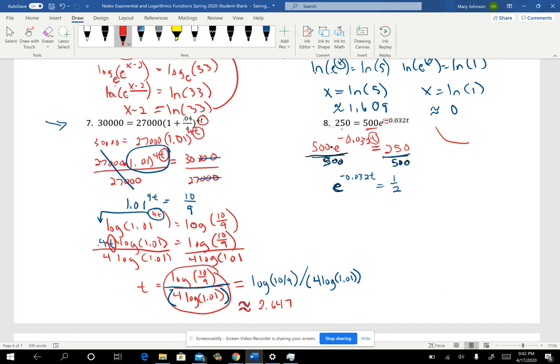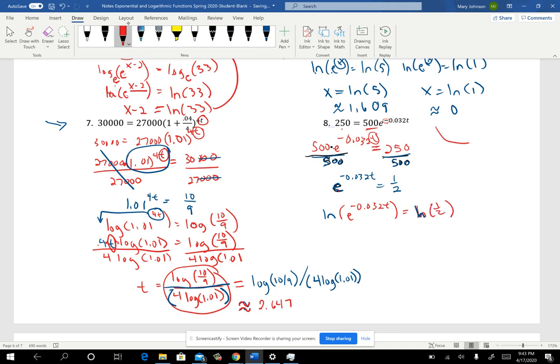So now I'm going to come in and I'm going to use natural log. Since that was base e exponential, use natural log. Whatever you do to one side, you got to do to the other. Okay.